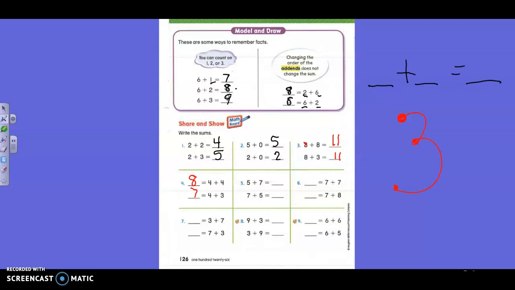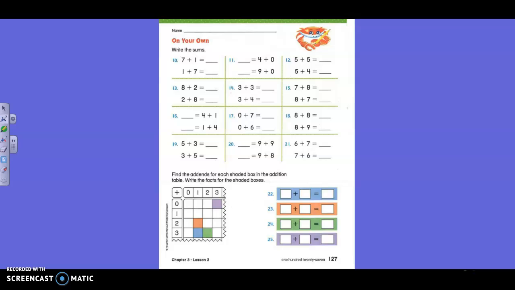Okay, how many of you think you can do this on your own? Okay, you guys can go ahead and start. When you're done, I will check your problems. Okay, Liam, you can just send it to me. Just tell me when you're done. After I check, you could probably do the on your own. We might be doing the bottom part together.